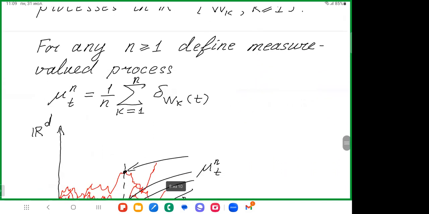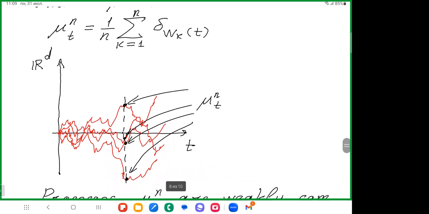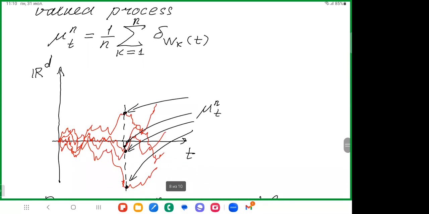Here is a picture. By the red color, I draw the trajectories of the Wiener processes. They are independent. And what is mu_n? It is concentrated at the black points as I draw in the picture.